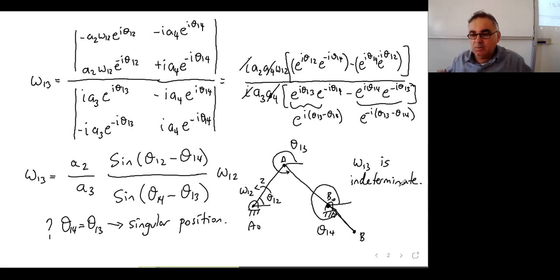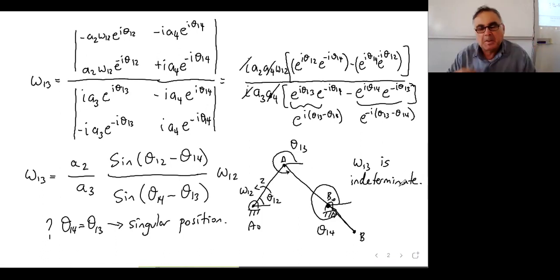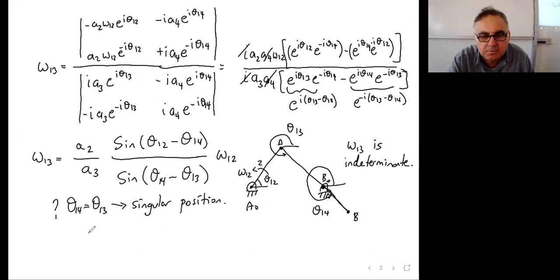You know, it's not always possible to have such things, but it can happen. But you can prevent it happening by the design. Okay, so omega 1, 3 is solved here. And similarly, we can solve for omega 1, 4.